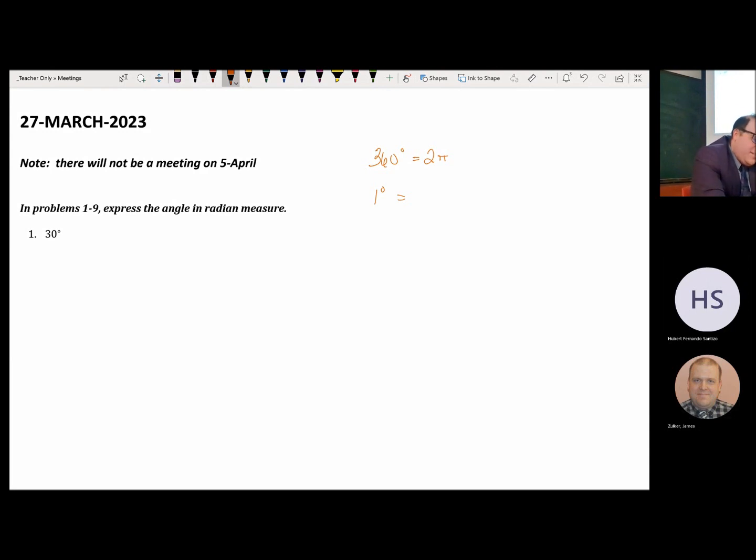One degree is pi over 180 radians. One radian is 180 over pi degrees. These are your conversions.